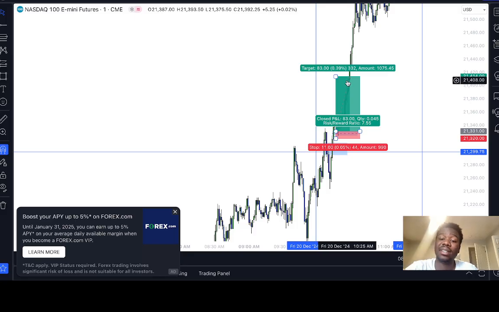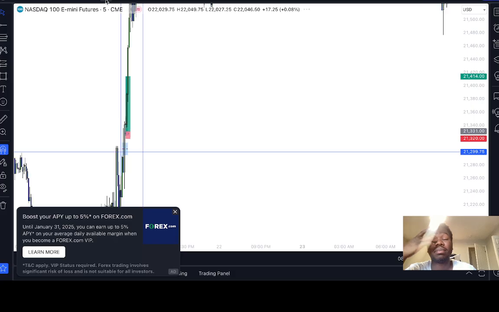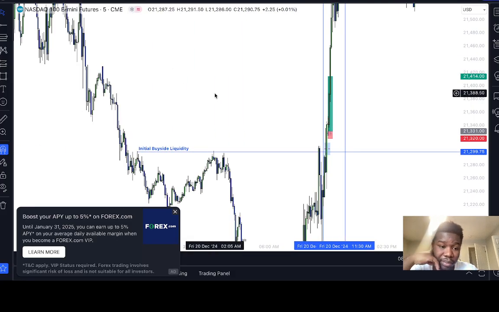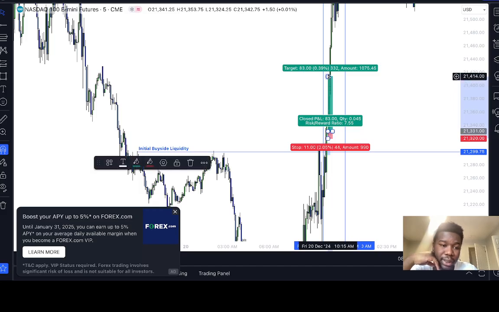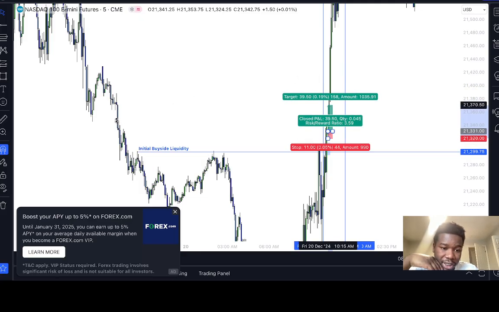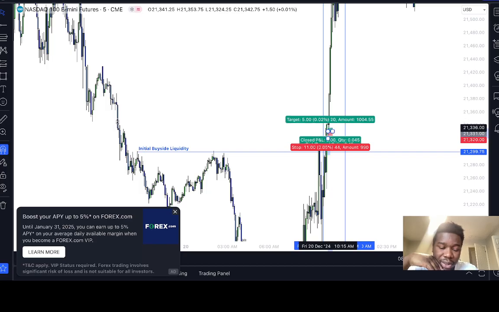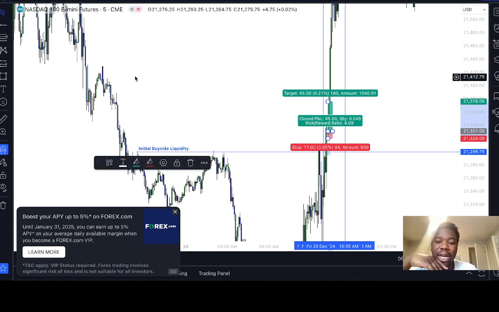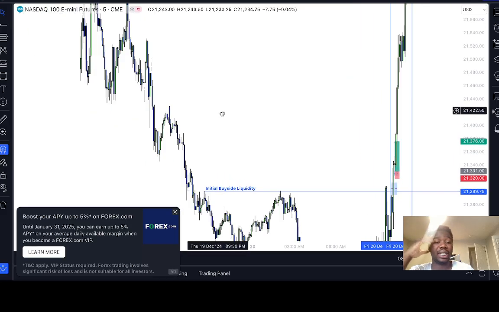Right now, this is saying it's about 332 ticks. I'm not going to be in a trade that's 332 ticks. But what we aim for would be our inefficiencies, and we would also aim for highs, and for example lows if we were taking a sell.